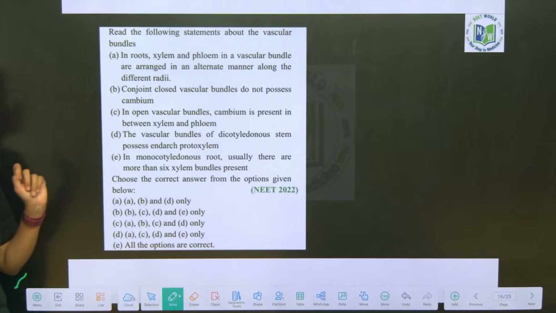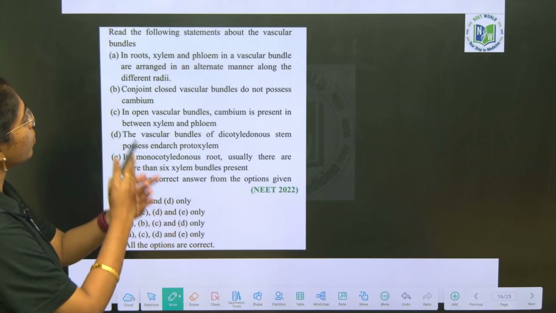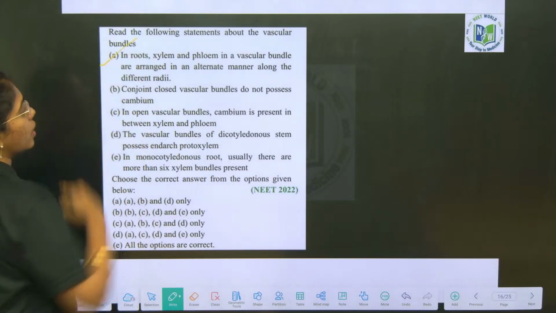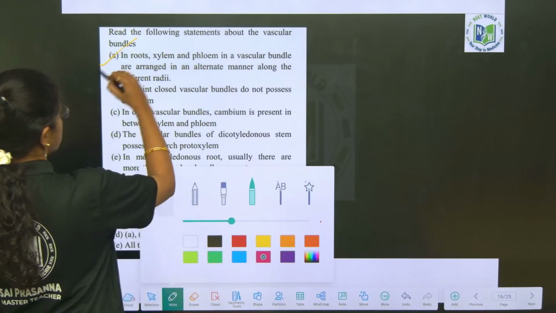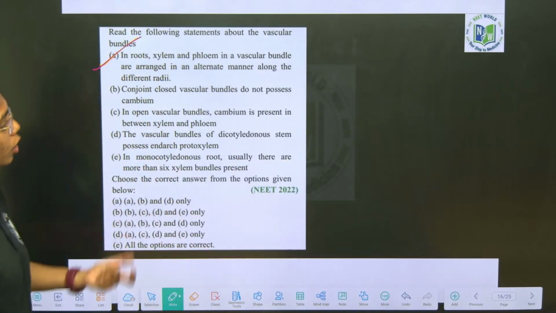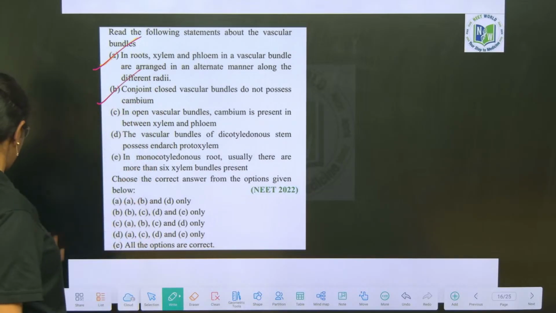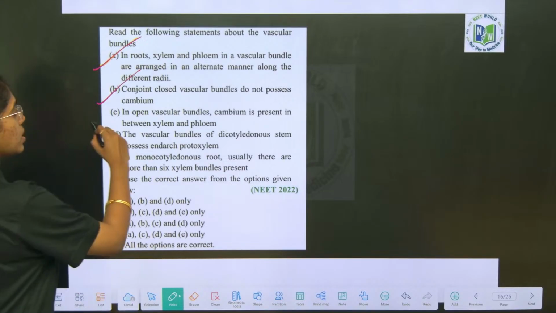Read the following statements about the vascular bundles. In roots, xylem and phloem in the vascular bundle are arranged in an alternate manner at different radii. That is why it is called the radial type of vascular bundle. Conjoined closed vascular bundles do not possess cambium. In open vascular bundles, cambium is present between xylem and phloem.